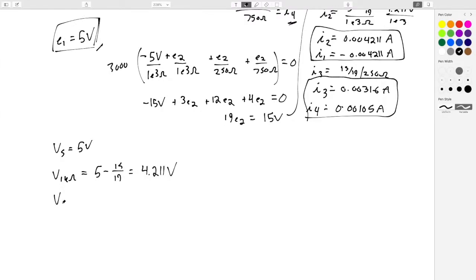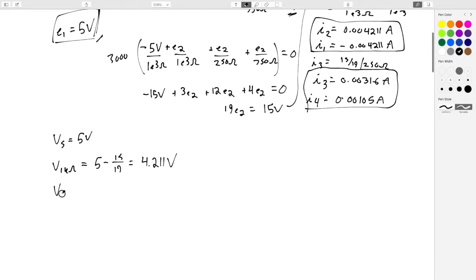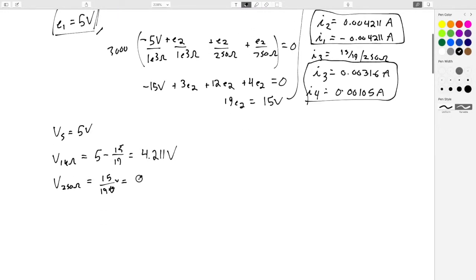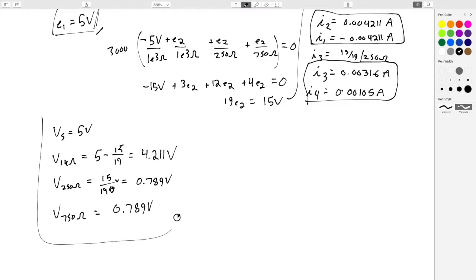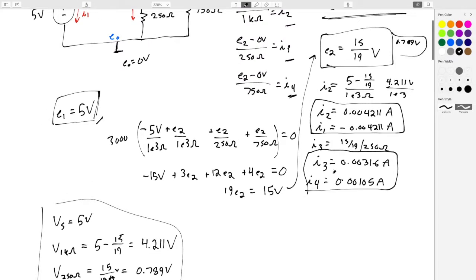Cool. The voltage across the 250 ohm resistor will equal 15 over 19 volts, 0.789 volts. And then the voltage across the 750 ohm resistor, since it's in parallel with the 250, is the same thing, 0.789 volts. And we already figured out the currents flowing through them as well.